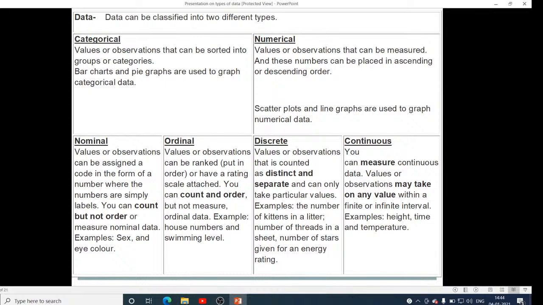Anyone? One more example. Fast. Only one example. One example for discrete data. Give me any one example, discrete or continuous data. Then I will quit. Class is over. I asked only one example for numerical data.